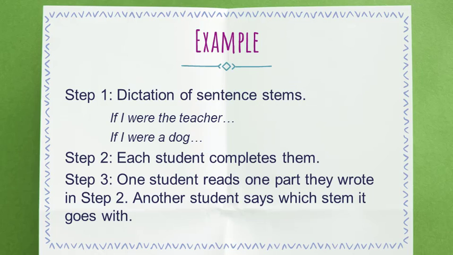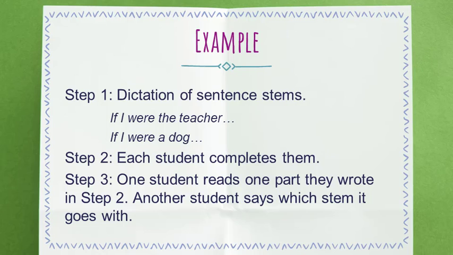And yet another example would be to do dictation of sentence stems, the first part of a sentence. So in step 1, the teacher reads, for example, if I were the teacher, if I were a dog. Once all of the dictation has been done, in step 2, the students complete each of these sentences.